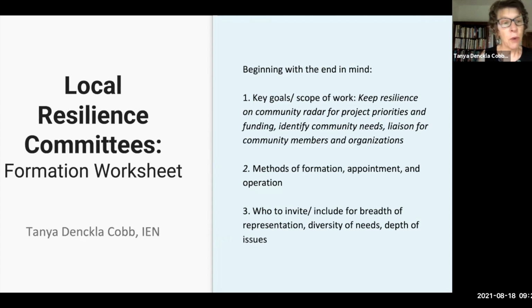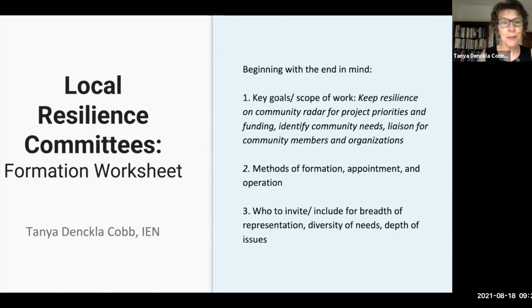As facilitators at the University of Virginia at our Institute for Engagement and Negotiation, one of the things we often do is help groups get organized. And so we put together what we're calling a resilience committee formation worksheet that is available to those of you who have not yet done this and not yet formed an ongoing resilience committee.